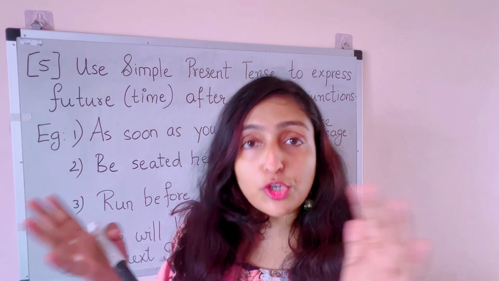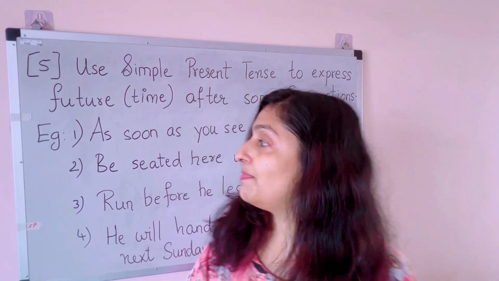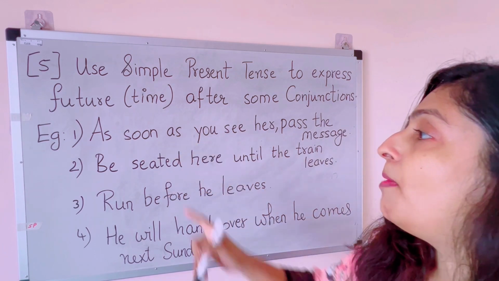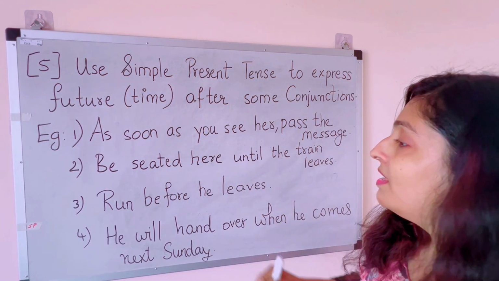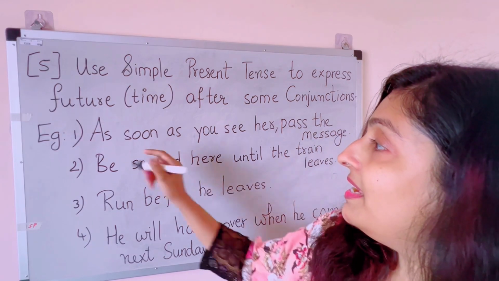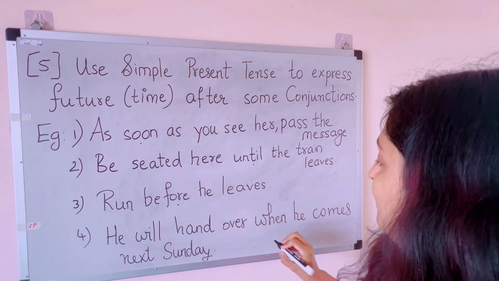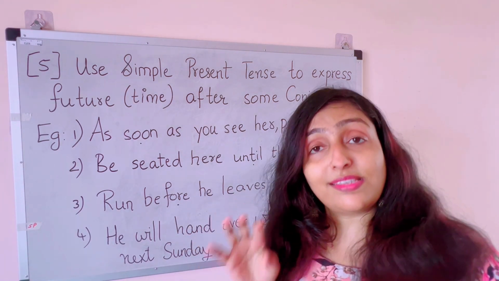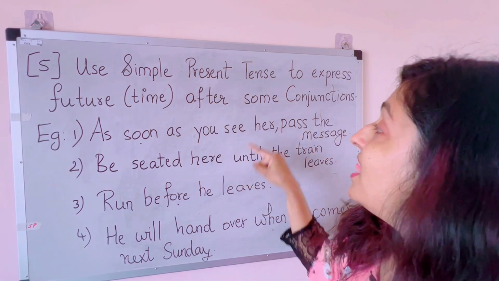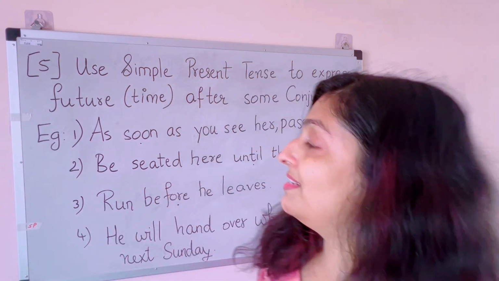Subordinating conjunctions belong to complex sentences, coordinating conjunctions belong to compound sentences. So these are the conjunctions here: as soon as, a subordinating conjunction, until, before, again a subordinating conjunction, and when. Now, the rule says that when we use these conjunctions, the verb that follows is in simple present tense.